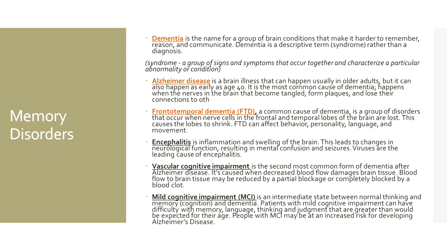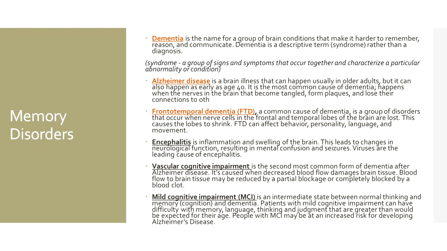So dementia, ito yung umbrella term for other memory disorders. Dementia is the name for the group of brain conditions that make it harder to remember, reason, and communicate. Dementia is a descriptive term or syndrome rather than a diagnosis. So again, it is actually a syndrome and not a diagnosis.